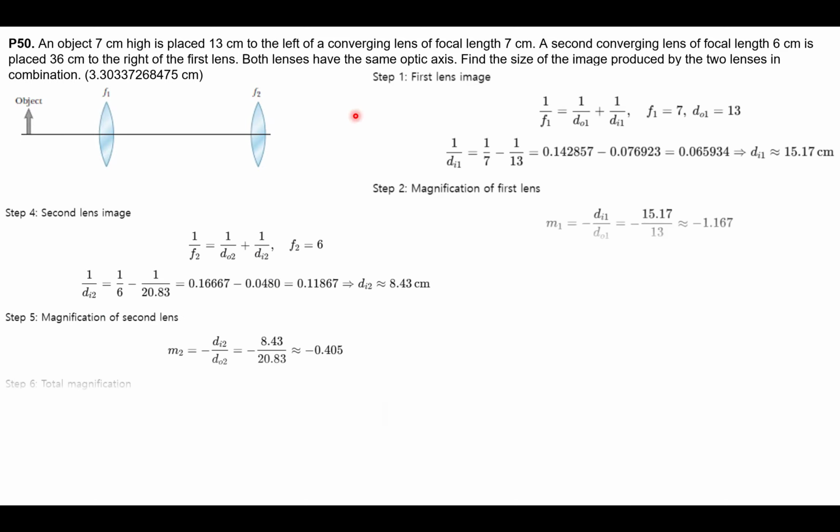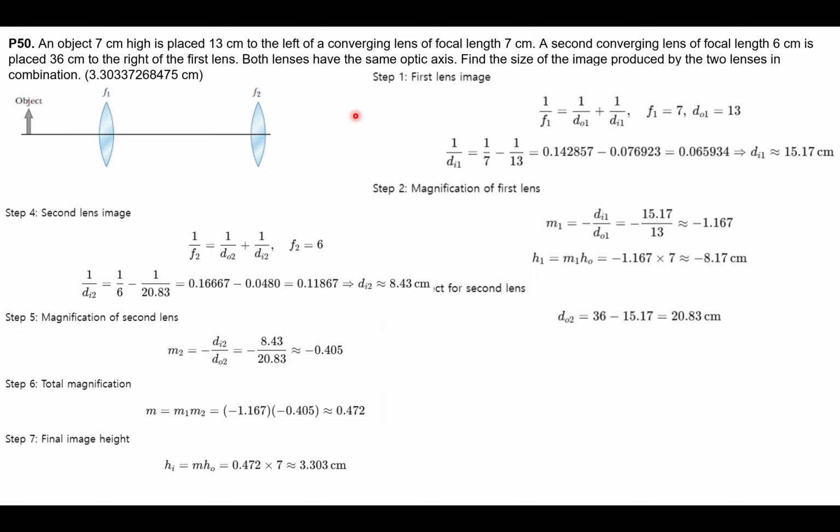This next problem is very similar to the first case. Find the size of the image produced by the two lenses in combination. The previous case was trying to find the location, but now it's time to think about the magnification. Magnification can be found from the image distance.